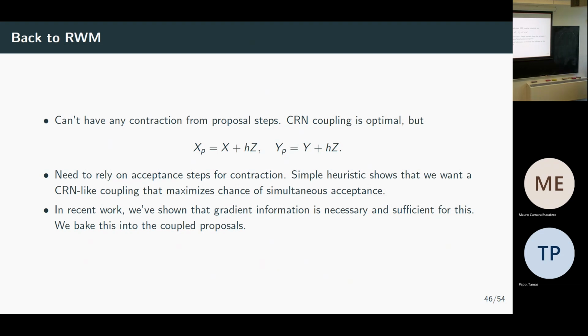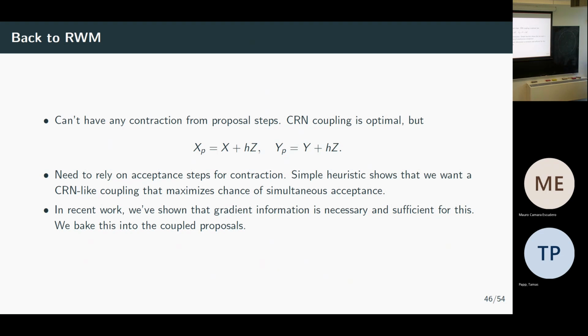The reason you don't get contraction is that the random walk doesn't have a preference for direction. It doesn't use the gradient. Think of a sphere around the mode: the gradient points inward, so you get contraction if you move along the gradient direction by the same amount. The random walk can't do that because it just picks the direction at random. So clearly we cannot rely on the proposals to get contraction for the random walk. We need to pay careful attention to the acceptance step.